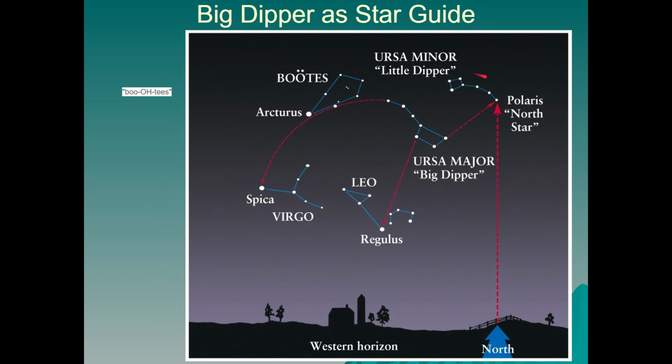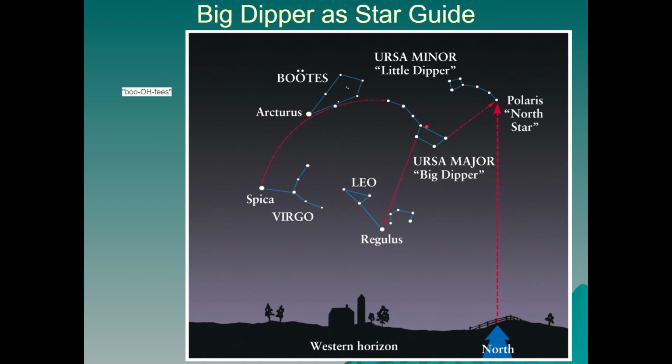Ursa Major, Ursa Minor, Polaris, Arcturus, and Spica are the 3 stars, and Virgo, Boötes, Ursa Major, and Ursa Minor are the 4 constellations. Again, just refer back to this slide. When you look at the slideshow, this is pretty much everything we need to know in the northern east sky.